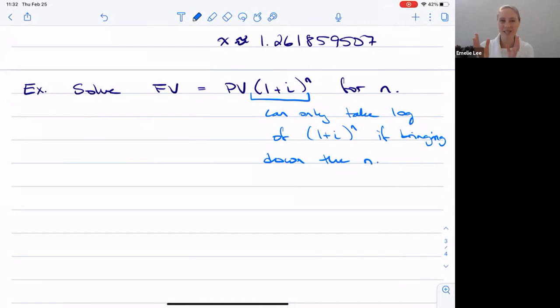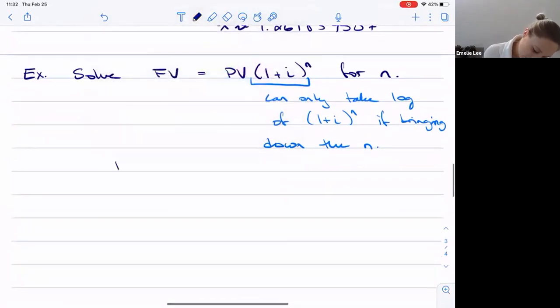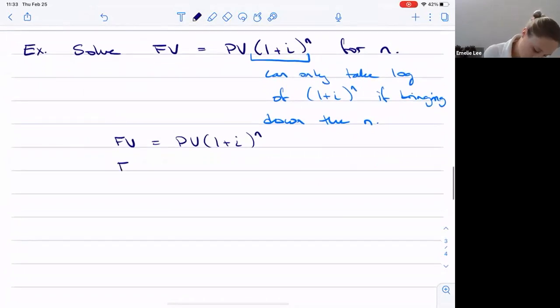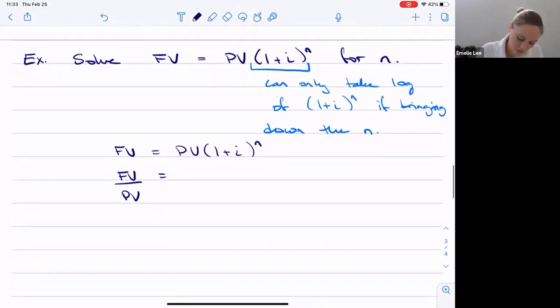So we need to isolate it. So we have, I'll write out the general equation again, FV equals PV times (1 plus i) to the power of n. So first thing I'm going to do is divide by PV. So I get the future value divided by the present value is going to be (1 plus i) to the power of n.